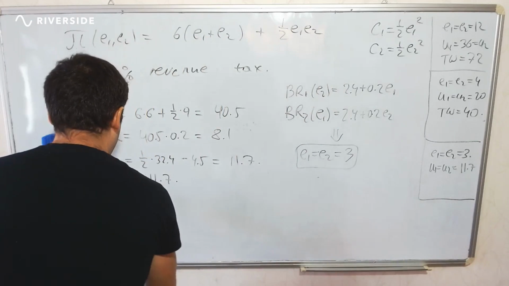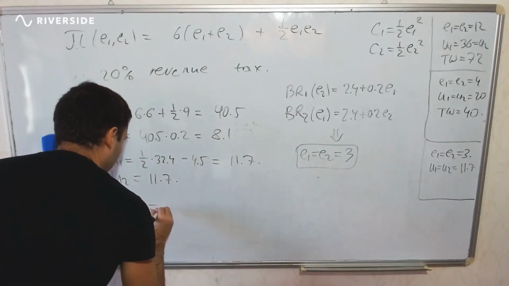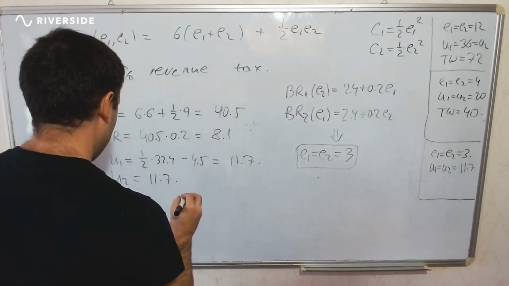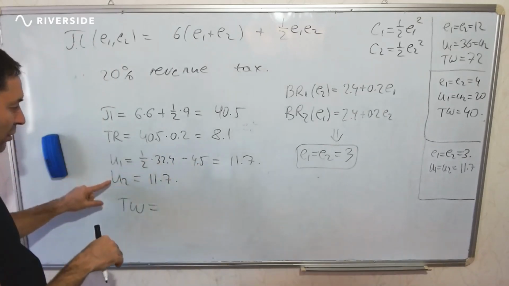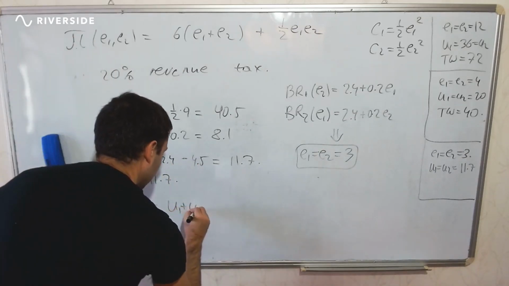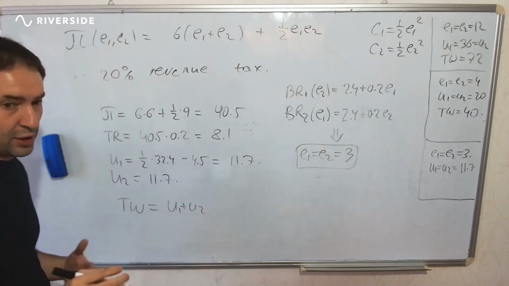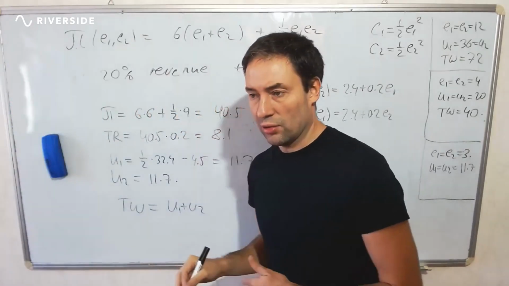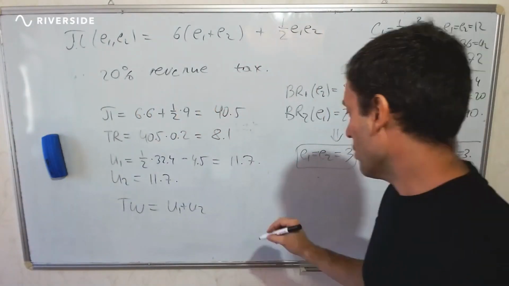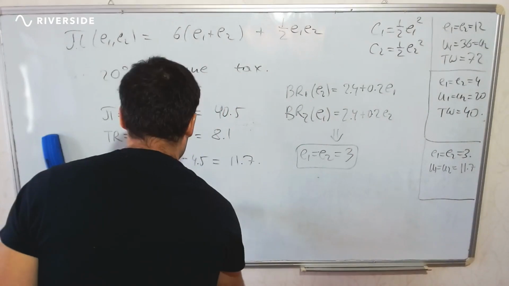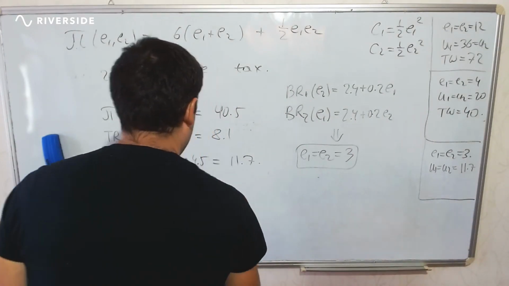And now total welfare here will be, of course, utilities U1 plus U2. But also actually tax revenue, we cannot exclude it. It's still being generated, it just goes to government. So we have to add tax revenue here.